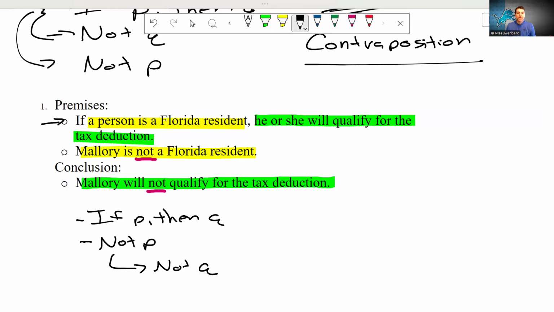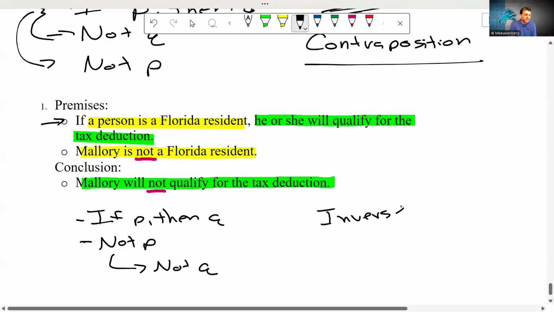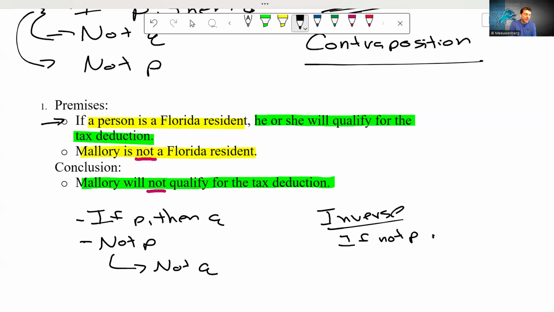Think back to the original, again, the three different relationships with conditional statements. Again, we had converse, inverse, and contrapositive. The inverse, remember the inverse? The inverse said, if not P, then not Q. And was that always true? No, it was not.